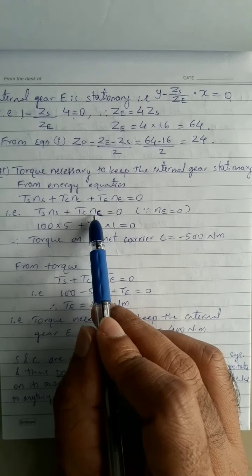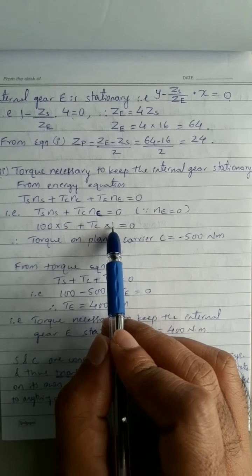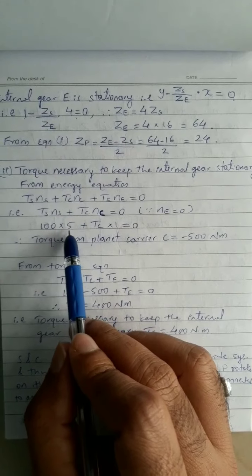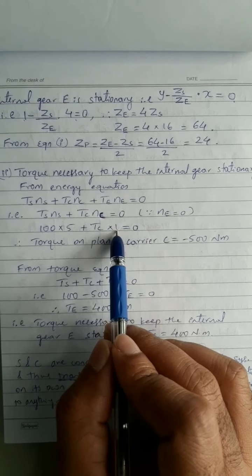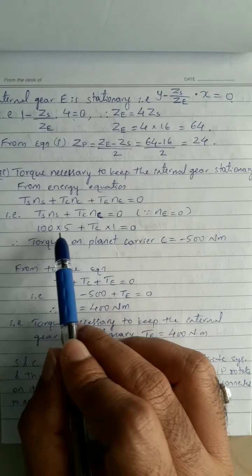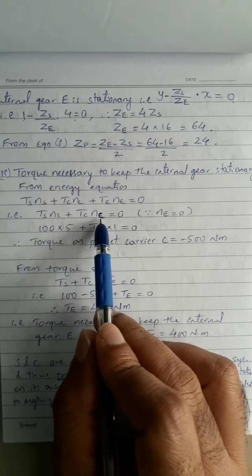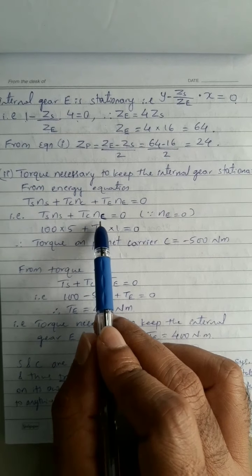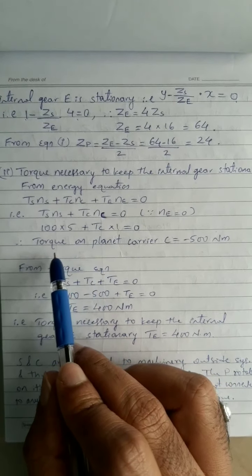The speed of the planet carrier is 1 revolution. When the sun wheel rotates 5 revolutions, the planet carrier will rotate 1 revolution. Based on that, we have written this speed as 5 and here it is 1. So the only unknown in this equation is the torque of the planet carrier.